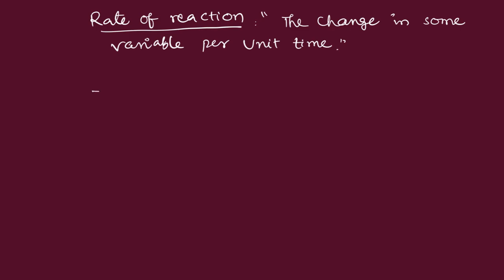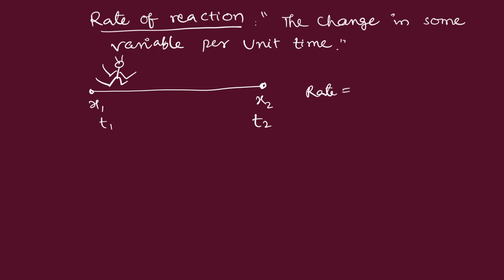For example, a runner runs from this starting point, x1 distance, to this x2 distance. For example, this is a person running to this end position. Here time is t1 and here time is t2. Therefore, its rate can be explained as change in some variable, meaning distance, change in distance by change in time.